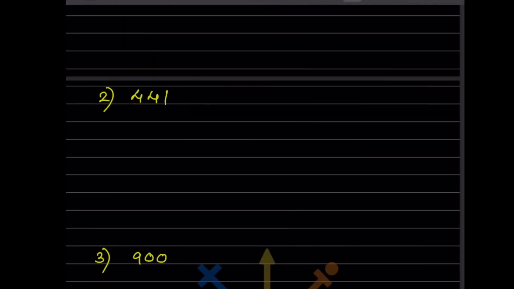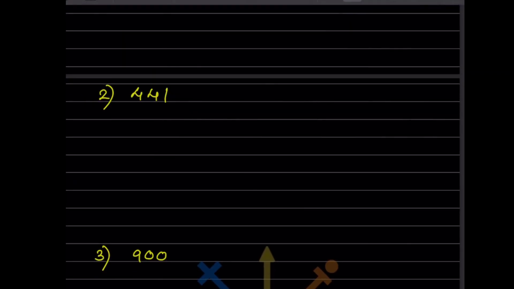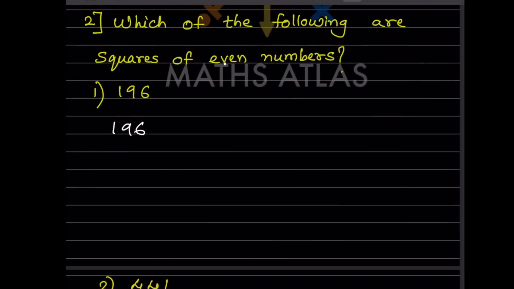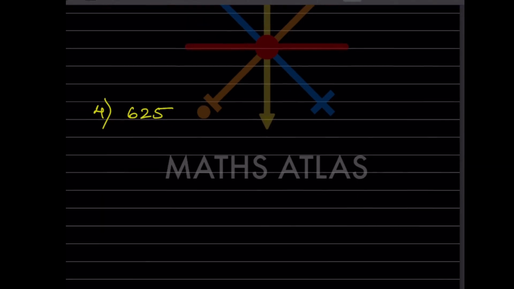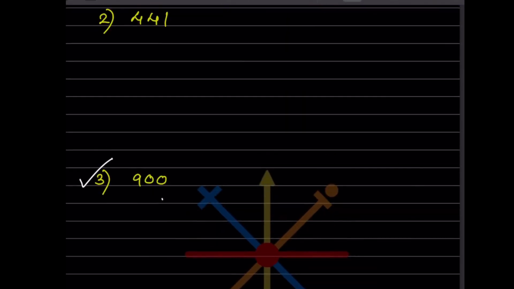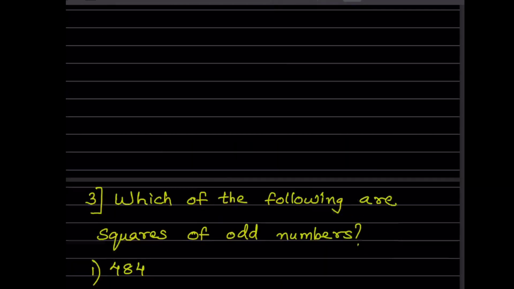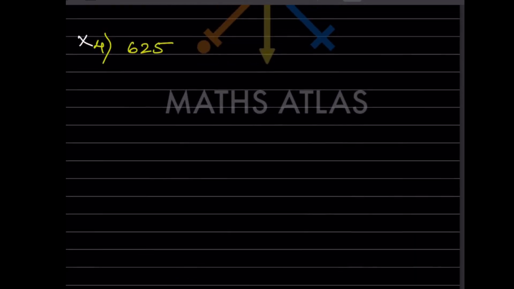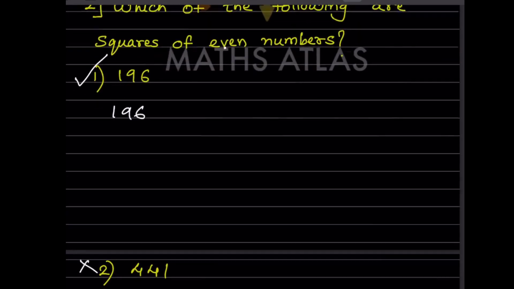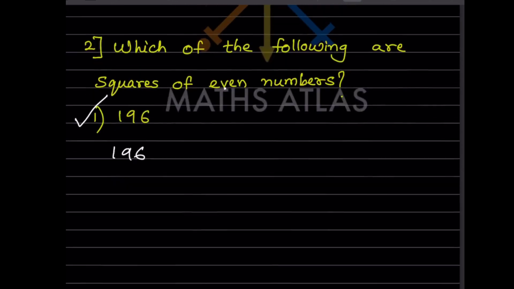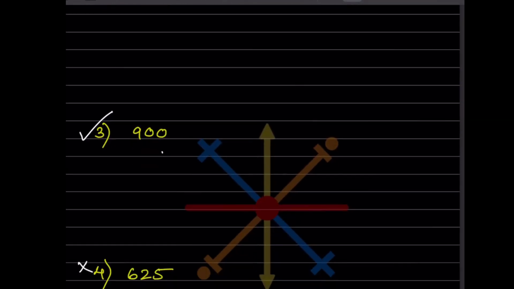Then we can see 441, it's not. Then for 900, we can write here 196, 900, and this is not. So 196 and 900 are squares of even numbers.